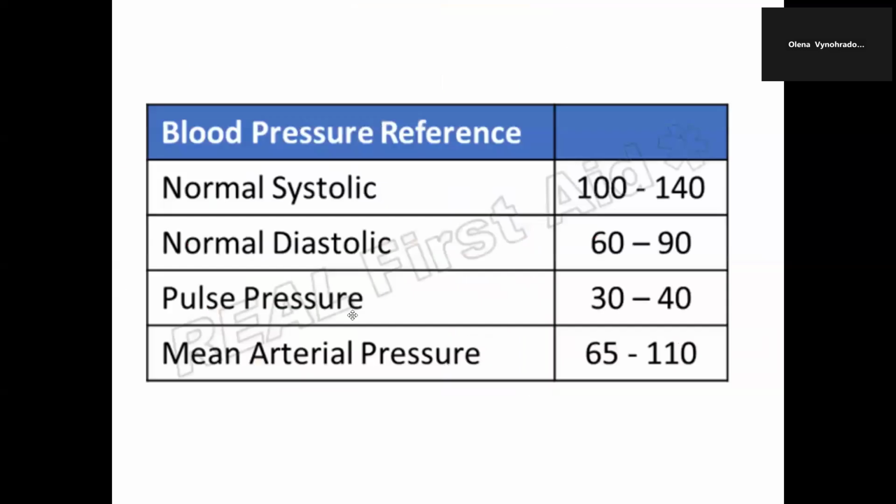Normally, systolic pressure is from 100 till 140, though it's more right to say not 140; normally we calculate 139. Normal diastolic is also from 60 till 89. 90 is already higher than normal. Pulse pressure, what does it mean? It's not enough only that blood pressure matches this norm.